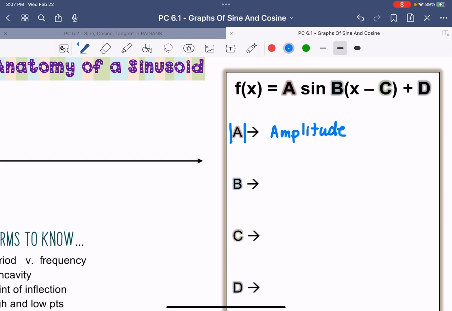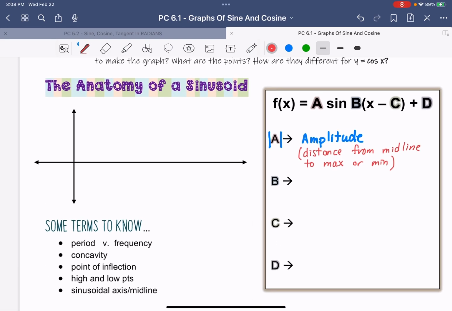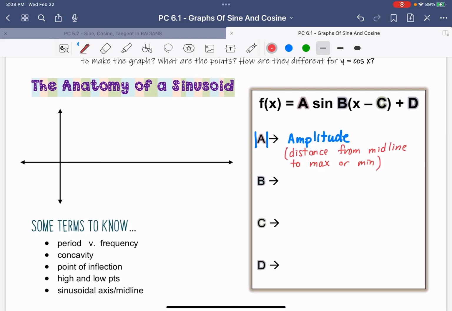And this is essentially just, and we'll show this on a graph, it'll make a little bit more sense when we put one together, the distance from the midline to the max or min. All right, D is going to be our vertical shift, just like our h, k.